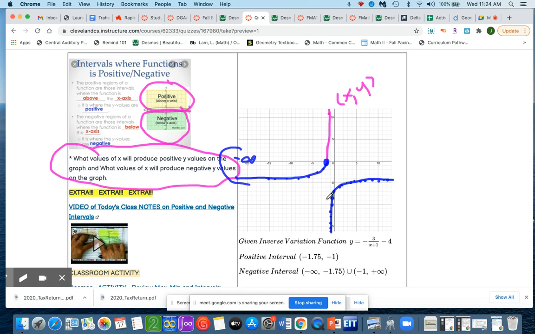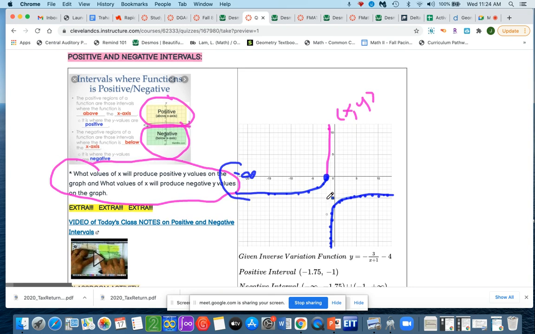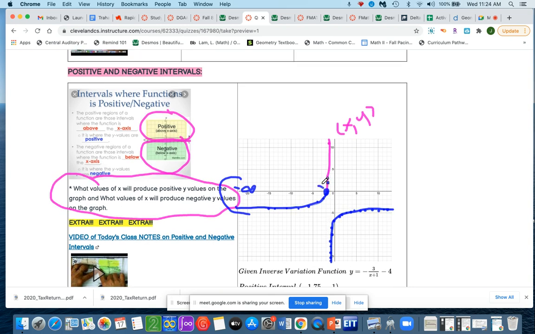No, there it is. It's at -1.75. That x-intercept is at -1.75, 0. That's where the difference between positive and negative y values take place.